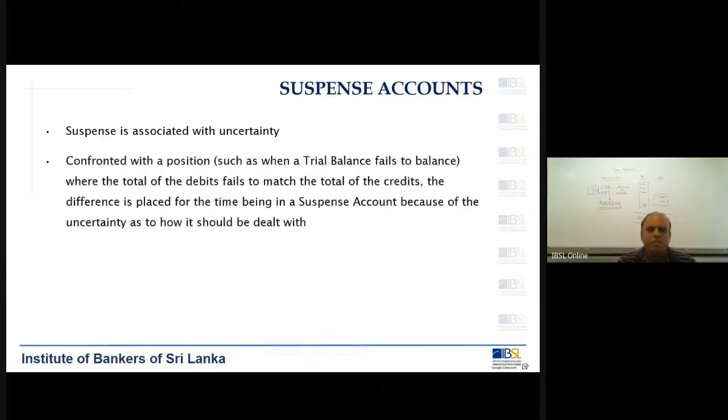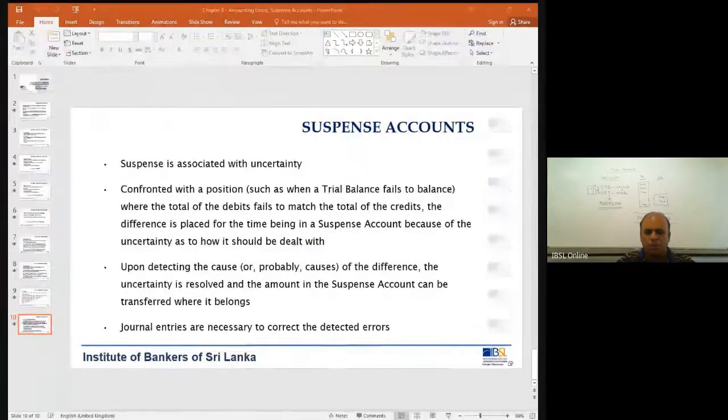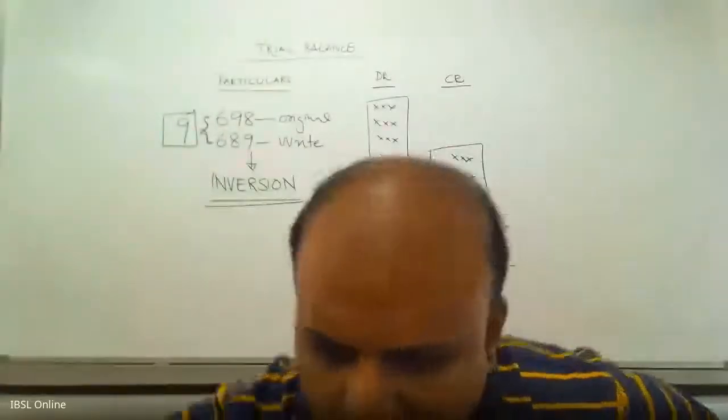So when we have this position where the total debits fail to match the total credits, and let's say the difference is not a transposition error either, now we have a problem here. In order to come out of this issue, what do we do? Let me make use of the board.